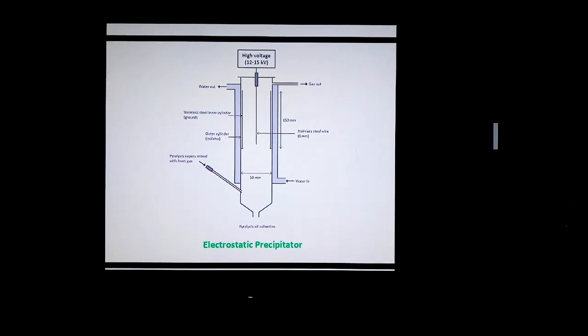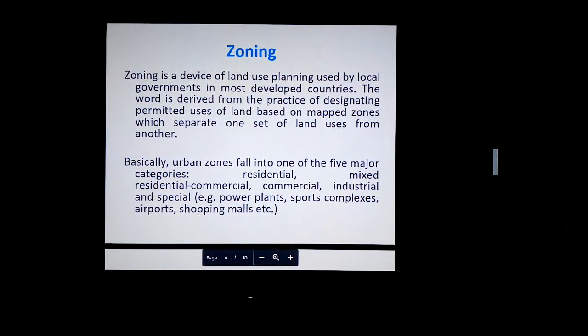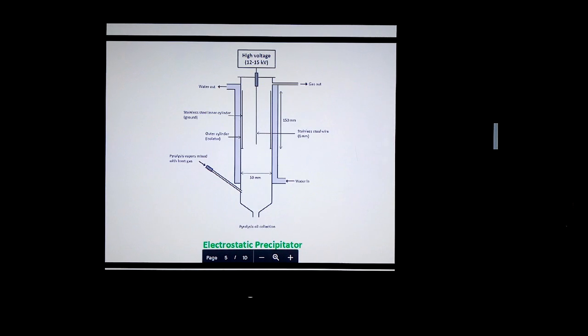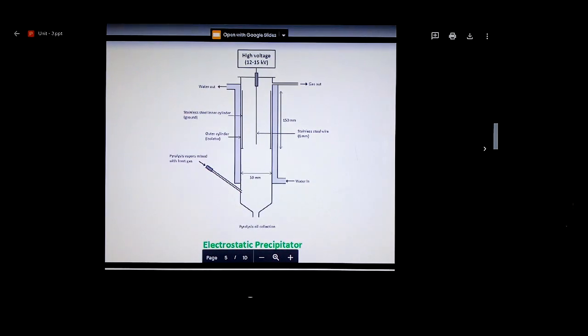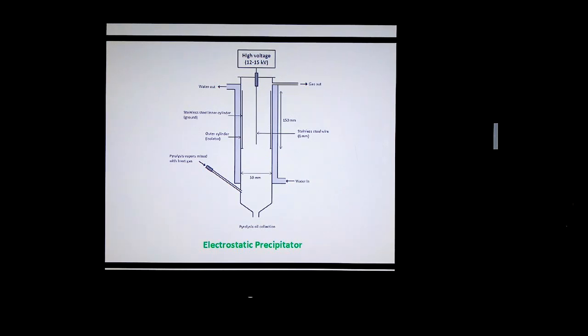Thus, ESP helps to remove particulate matter, especially dust and smoke particles, from the waste gases. They are used in removing particles from waste gases at industrial facilities and power generation stations.